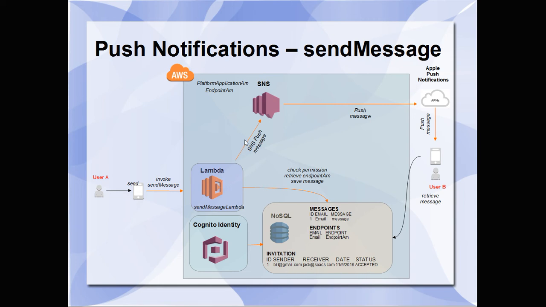And then it pushes the message using the endpoint of the receiver. The message gets pushed. Apple Push Notifications pushes the message to the mobile app user. If the mobile app user is online, they see this notification. They touch the screen and the messages are retrieved, and they see the messages, including the one user A just sent.